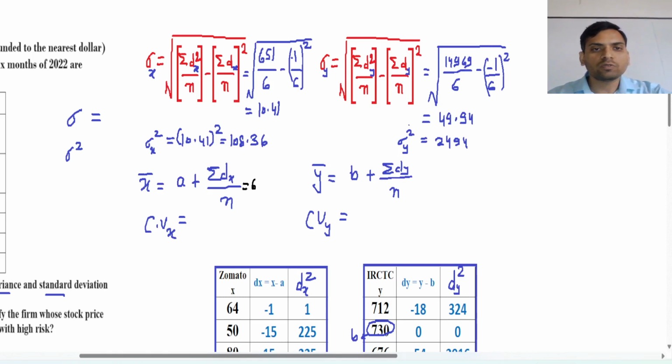Now for the arithmetic mean: a equals 65, and summation dx for this data set is minus 1, so x bar equals 64.83. The coefficient of variation is sigma x upon x bar into 100%.